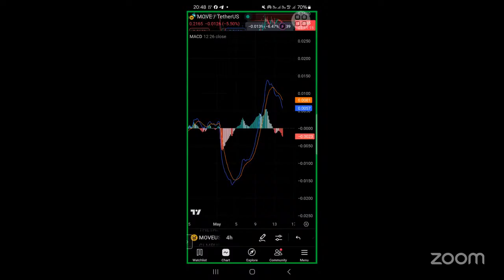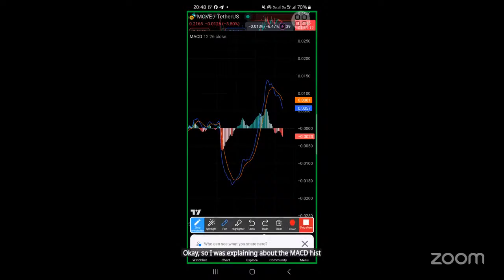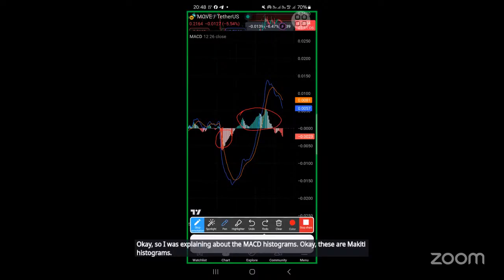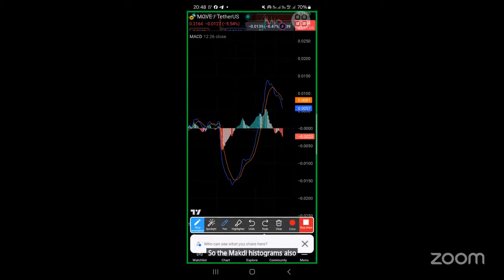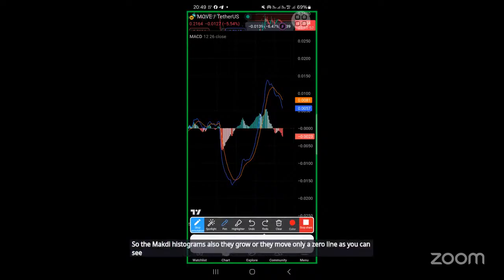So I was explaining about the MACD histograms. These are MACD histograms. They grow or move on a zero line, as you can see.